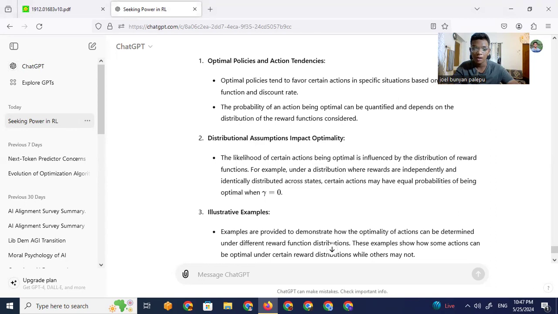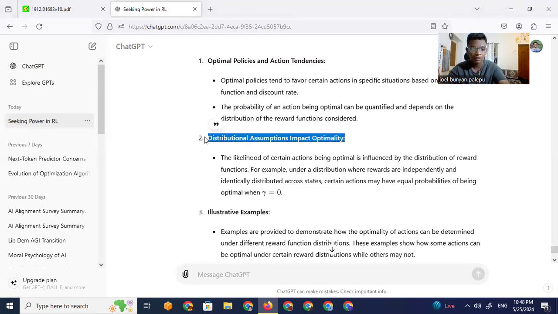Maybe we may consider some type of reward function, and a certain action would be given more importance. That does make sense. And then, distributional, I'll ask the model to elaborate on this.